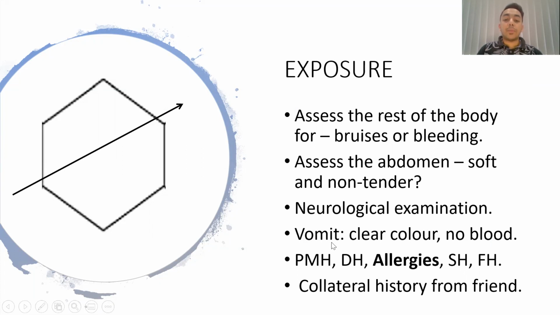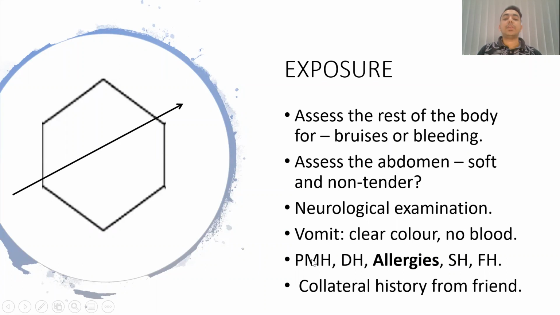The patient had vomited, so you want to ask the friend that he's come along with whether the vomit was clear, was there any color to it. Here in this case, the vomit was clear and there was no blood in it.